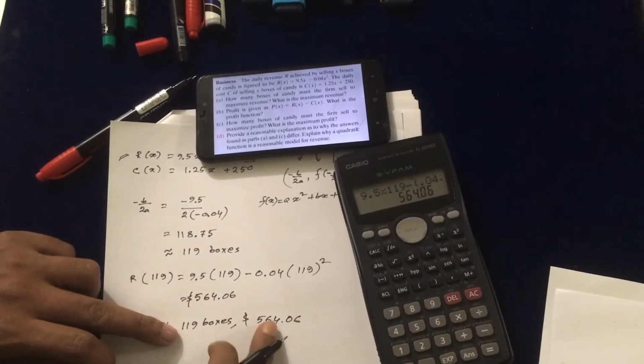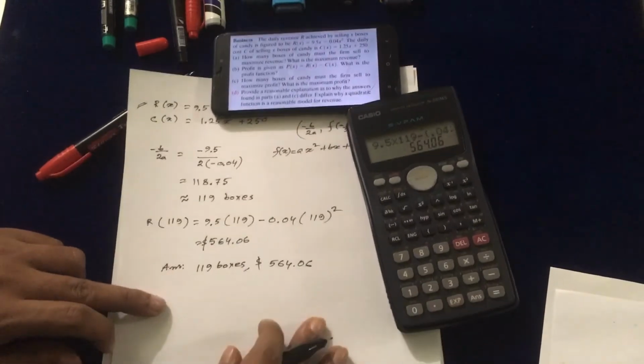This is the number of boxes, this is the revenue. Okay, this is how we solve the first part.